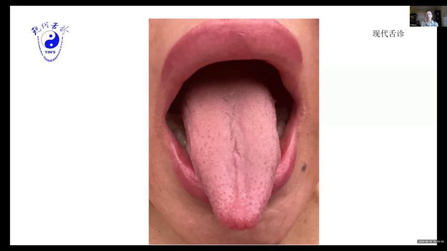But Dr. Yin, this is just like a mirror, like what you see. When you see enough tongues, you will know this person's personality.